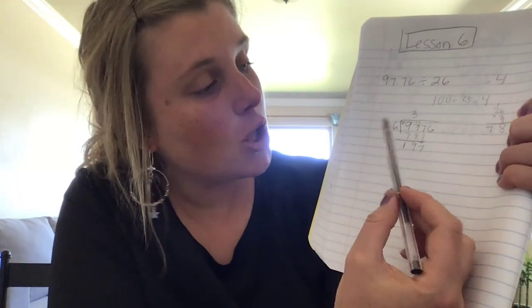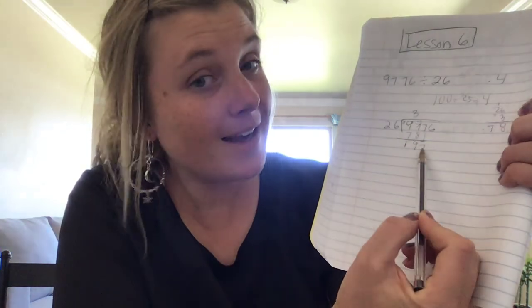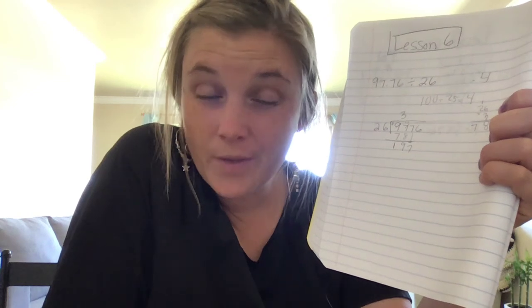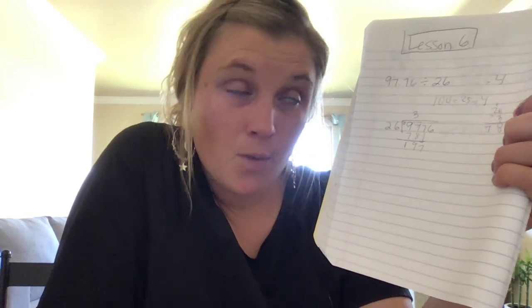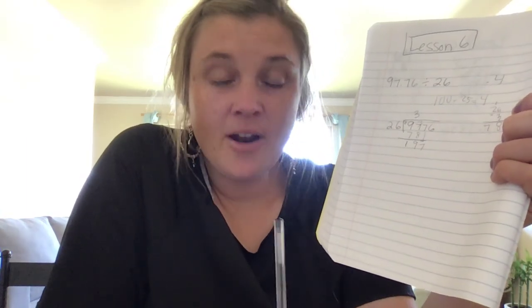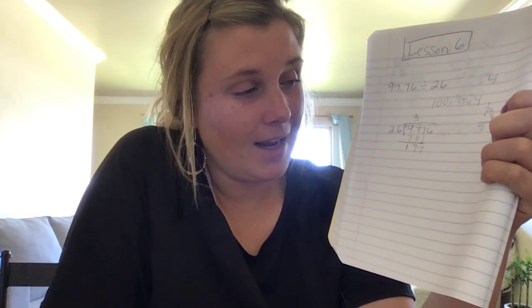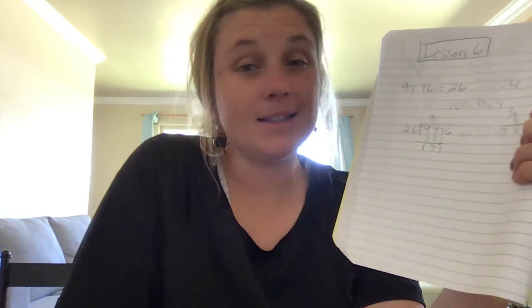Okay. 26 can go into 197 how many times without going over? Well, I know that 25 could go into 100 4 times. So 200 would be 8 times. So I'm going to say 7 times. So I'm going to put the 7 up here.